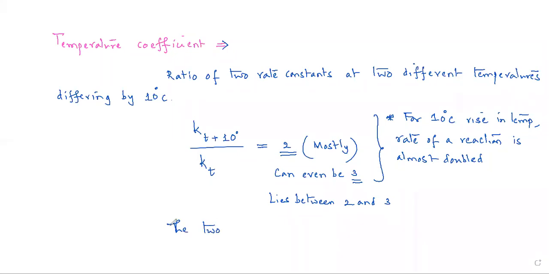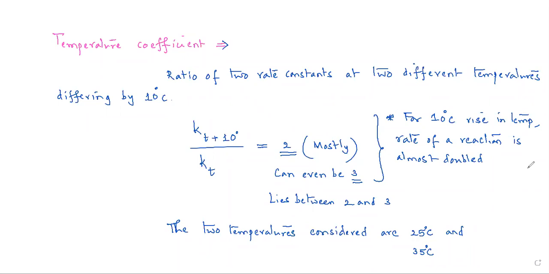The two temperatures normally considered here are 25 degrees centigrade and 35 degrees centigrade. So this is all about temperature coefficient. Nothing but the ratio of two different rate constants. You can say k2, k1. The two different temperatures generally considered are 25 and 35.